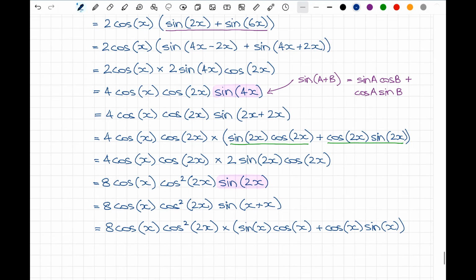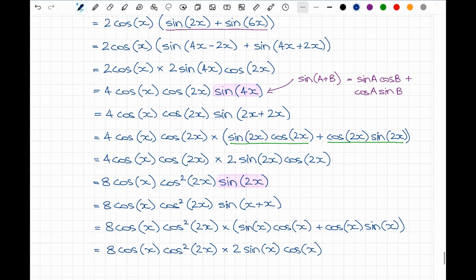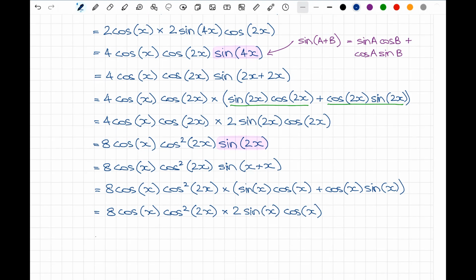And again, because they're essentially the same term, we've got two of them. So it's 8 cos x cos squared 2x times 2 sine x cos x. And now we get our final step. 8 times 2 is 16 as required.